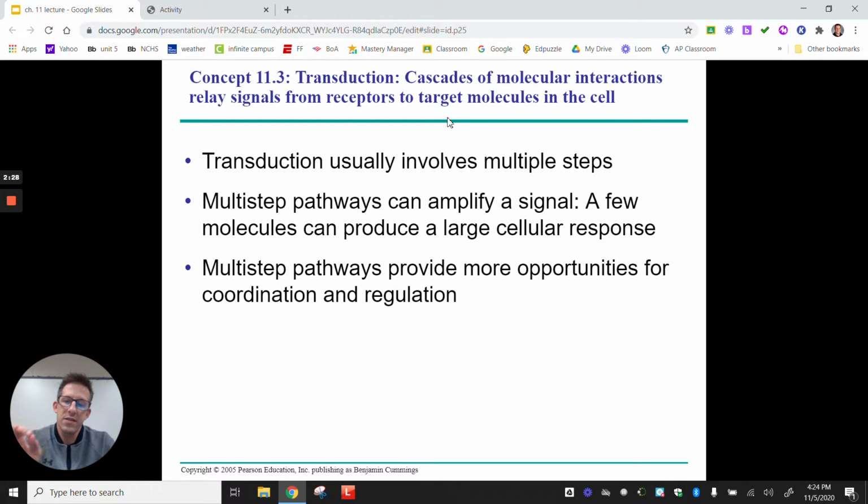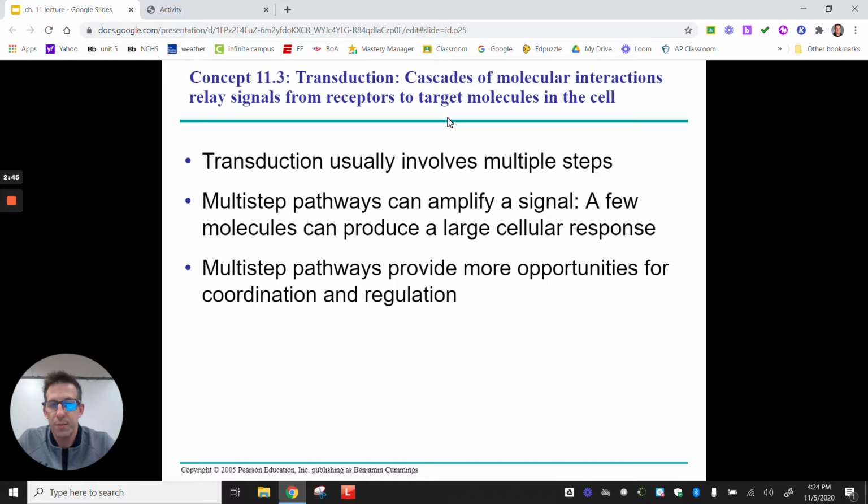How do we get that signal from outside the cell, where it is kind of monitored, to the inside of the cell where it can actually do some good, okay? And transduction involves multiple steps, and you'll notice that right off the bat when we start to get into the specifics.